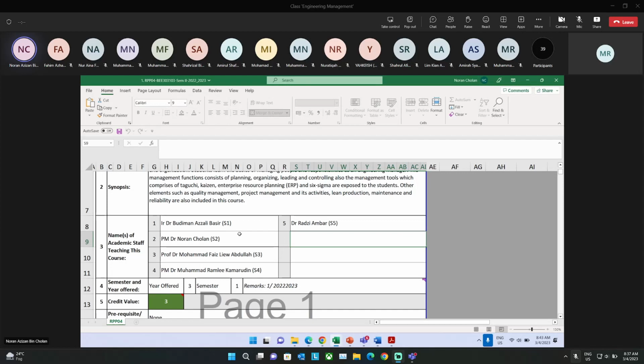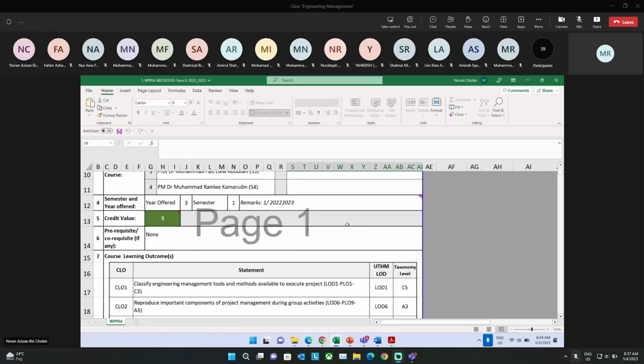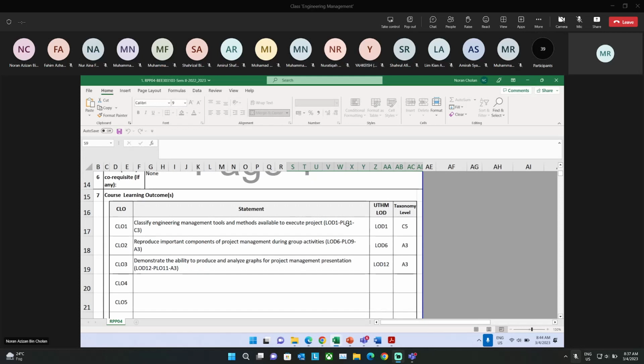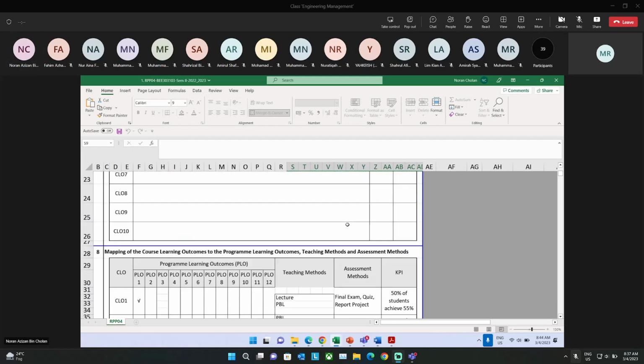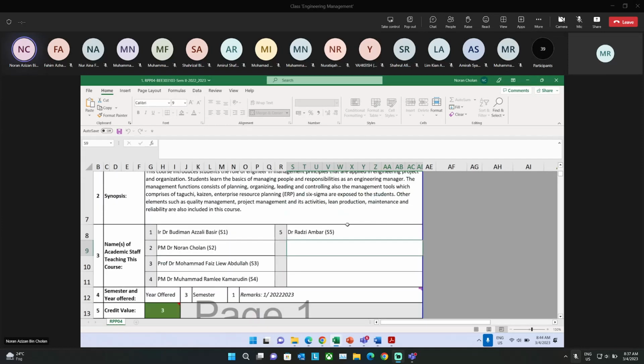Section 1, Dr. Budiman. Section 2, myself. Section 3, Prof. Faiz. Section 4, Dr. Ramli. And section 5, Dr. Azilah. This is the course learning outcome, so you can read it. It's about engineering management.